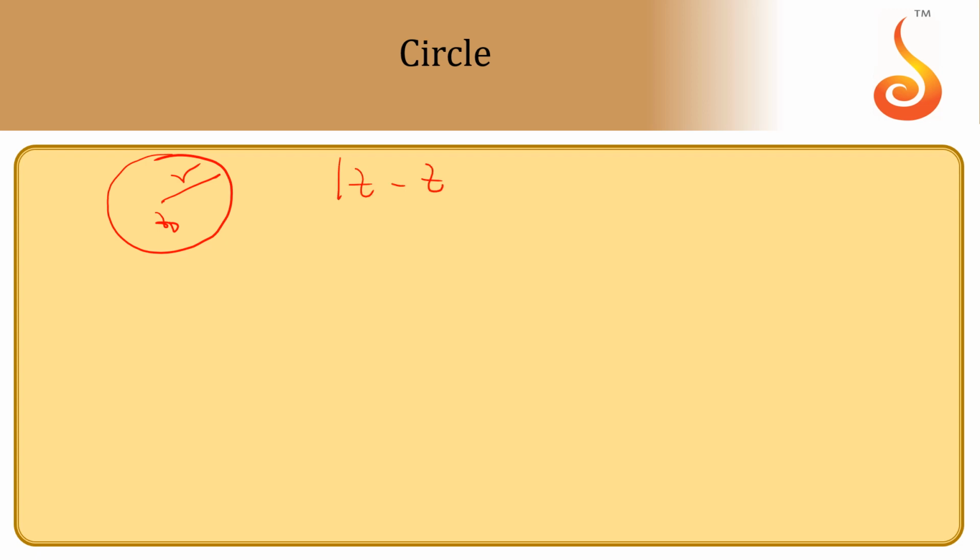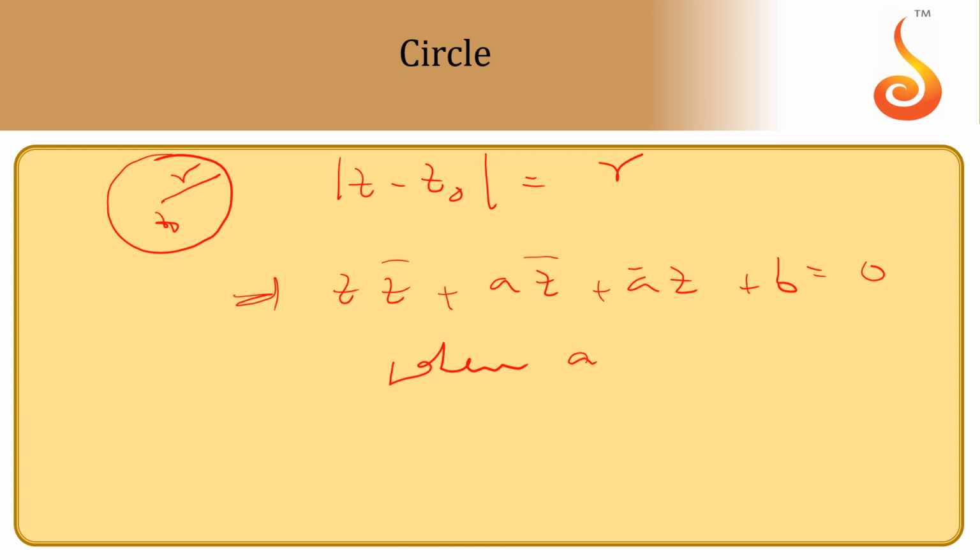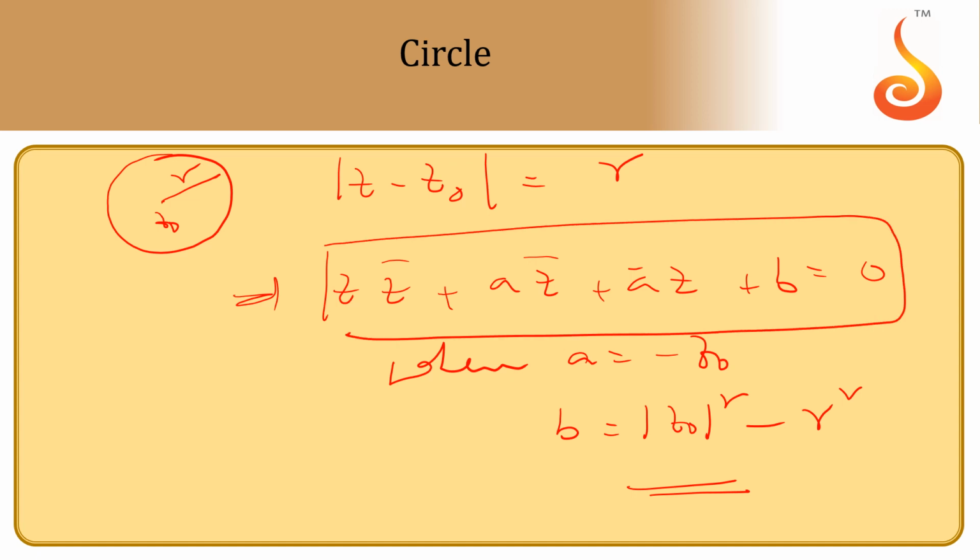Then if Z is any arbitrary point on the circle, according to the definition, modulus of Z minus Z0 must be equal to R. Then if you simplify, it will become Z Z bar plus A Z bar plus A bar Z plus B equal to 0, where A will be minus Z0 and the value of B, if you observe, will be mod Z0 square minus R square. So this is called the general form of a circle.